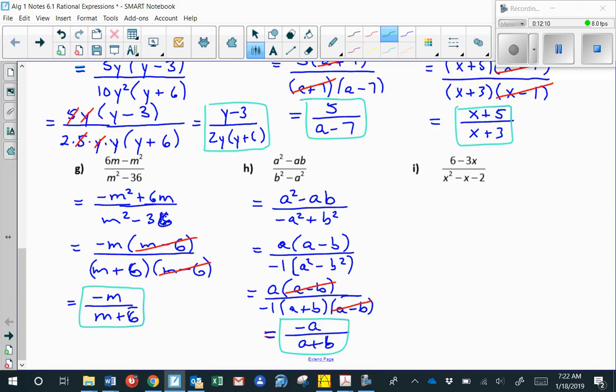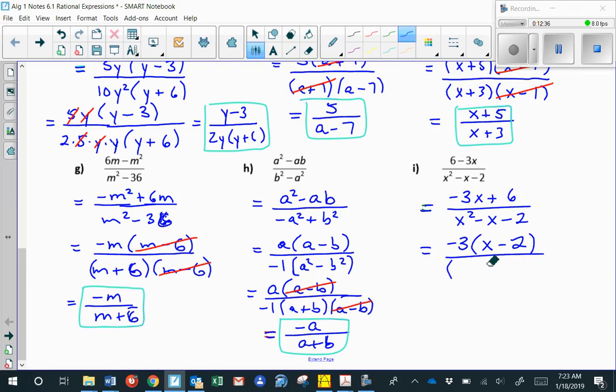Okay, in example 1I, we're going to put the numerator in descending powers first, -3x plus 6, and downstairs, x squared minus x minus 2 in descending powers. The numerator has a GCF of -3 since the leading term is negative. We'll want to factor out a negative GCF.